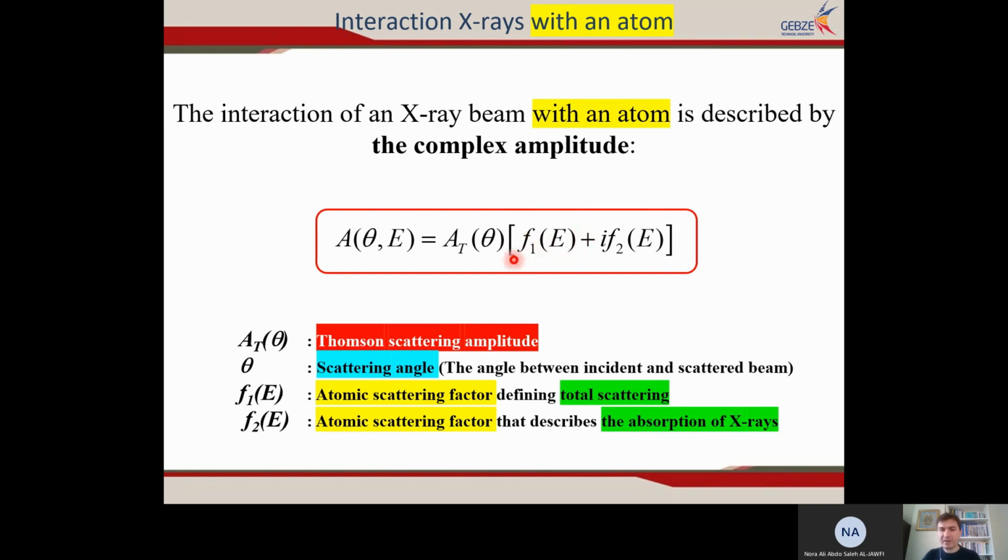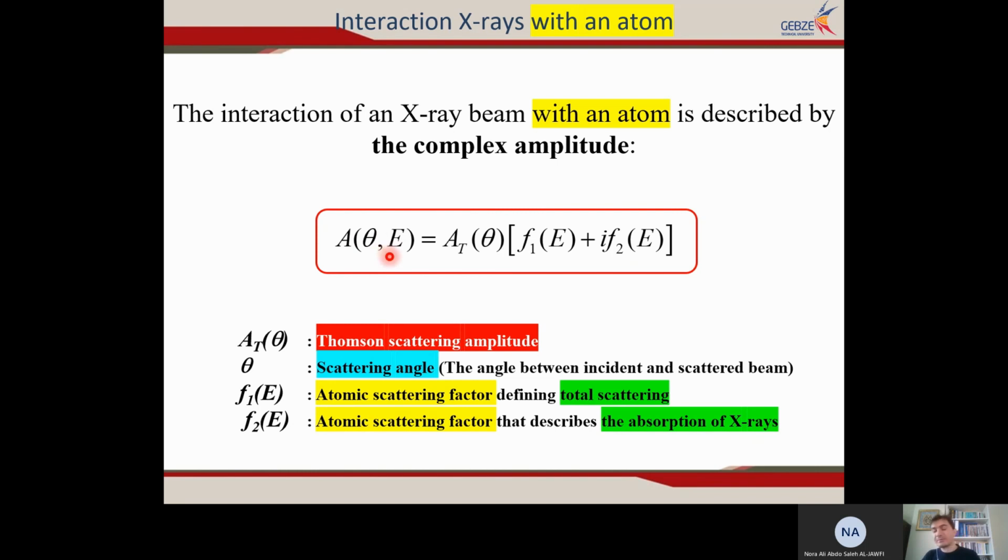So this is the atomic scattering factor for total scattering, and this is the atomic scattering factor for the absorption of X-rays. And this is the Thomson scattering amplitude, which is the interaction between an X-ray and a single electron, let's say.